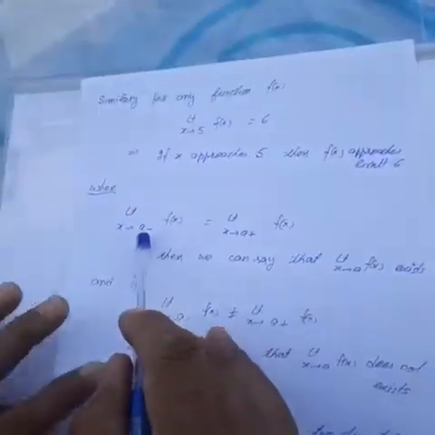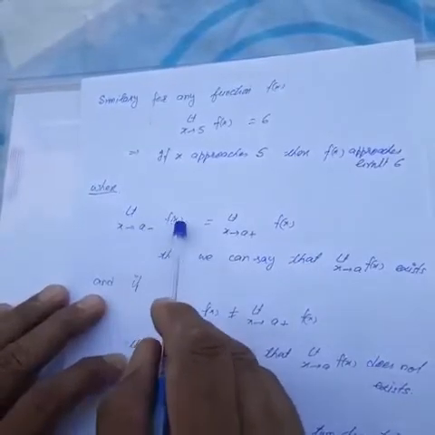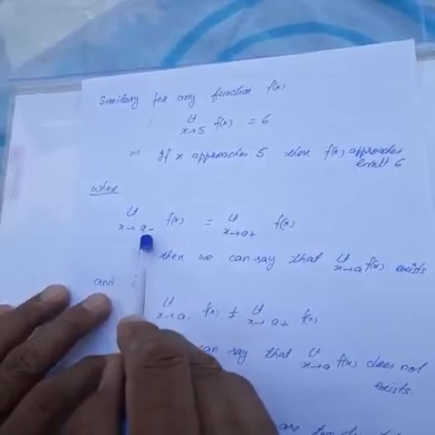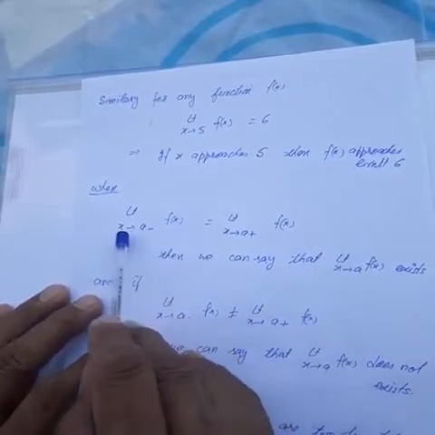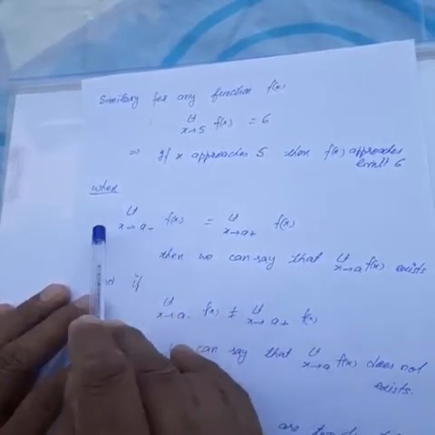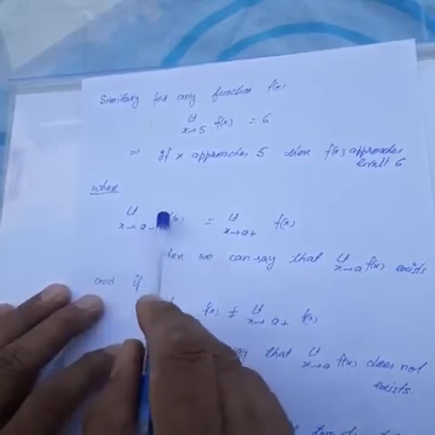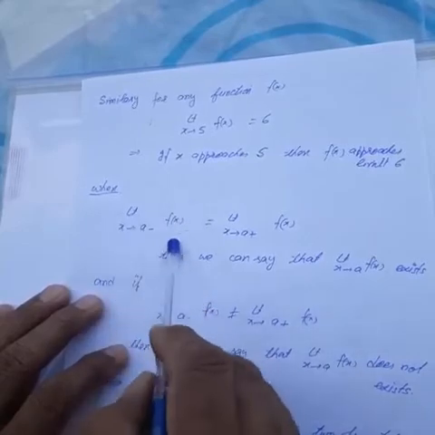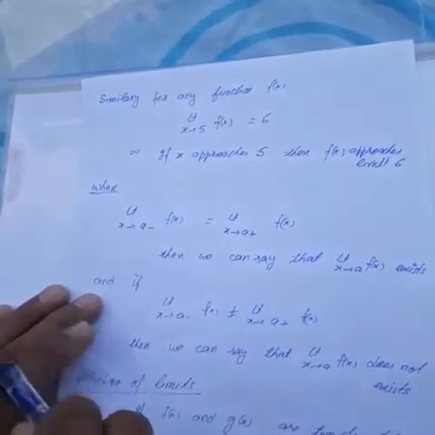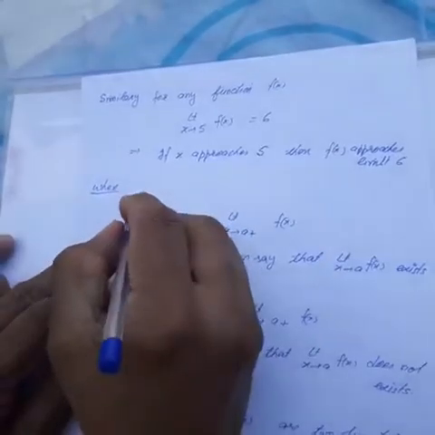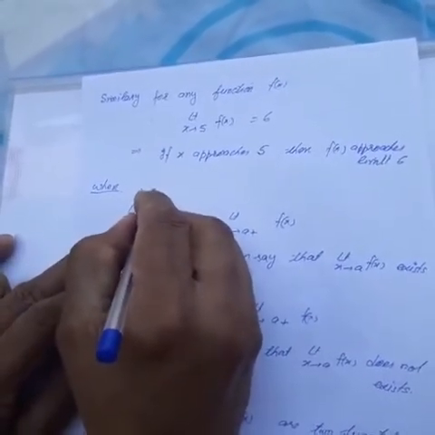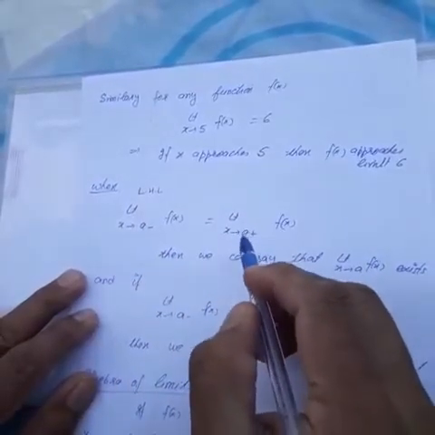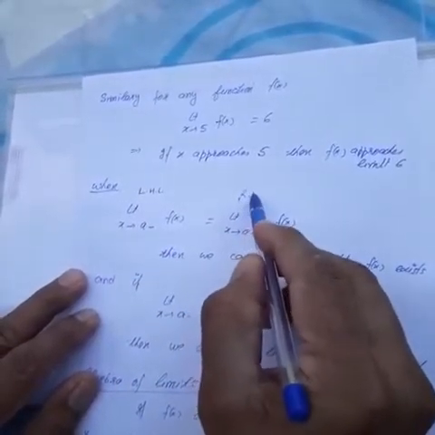Now consider the limit of a function at x equal to a. Limit x tends to a minus of f(x) means x is approaching a from left. These values are on the left hand side of a, so this is called the left hand limit. Similarly, x tends to a plus is the right hand limit.